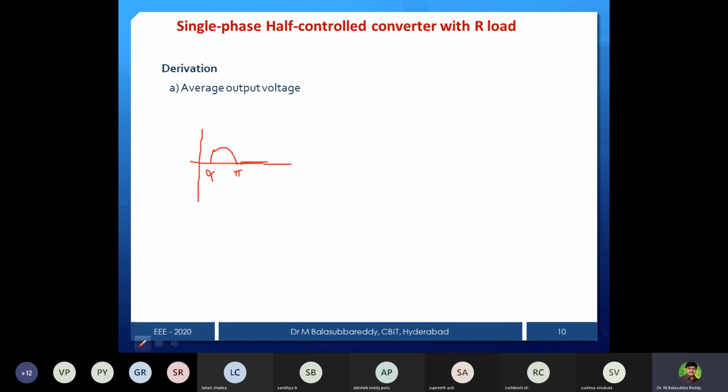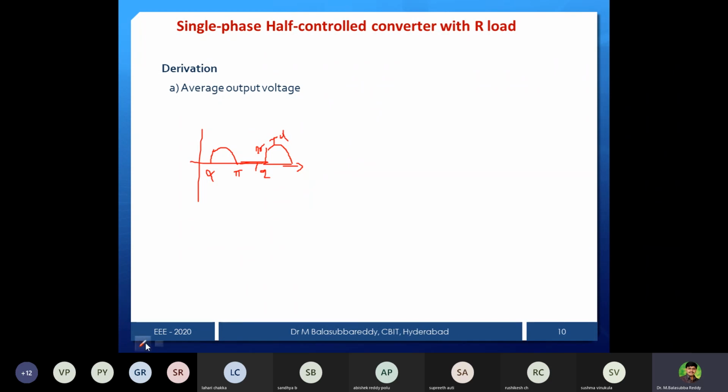So after pi there is natural commutation, and from pi to pi plus alpha you will get 0, and then at 2 pi plus alpha you get the same as the source voltage. So this is the output voltage, alpha to pi, pi to 2 pi, and this is 2 pi plus alpha.